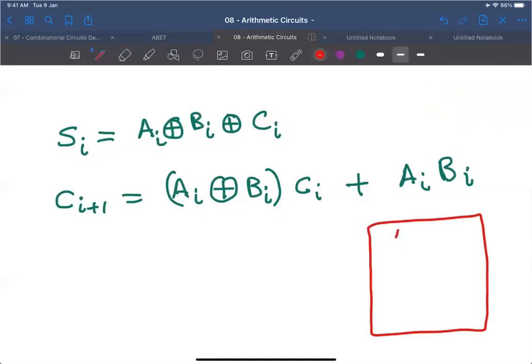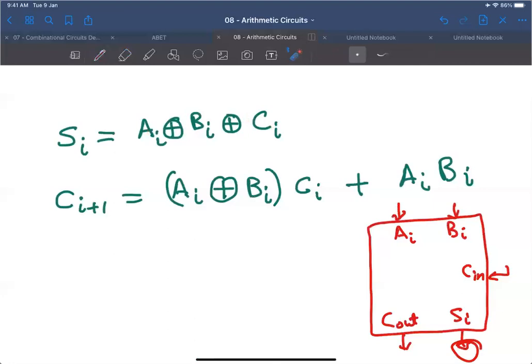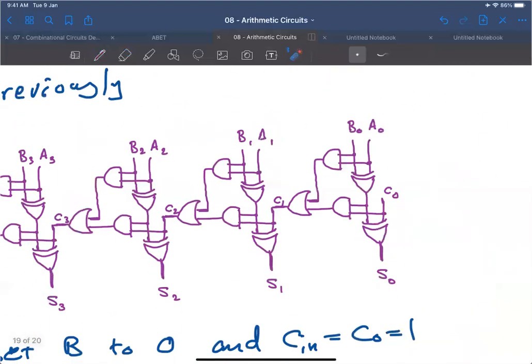And we have AI, BI, and then we have SI and C out, and we have CN as well. These are the two outputs, SI and C out, and these are inputs. All of these are inputs. So we know that SI is this expression here.